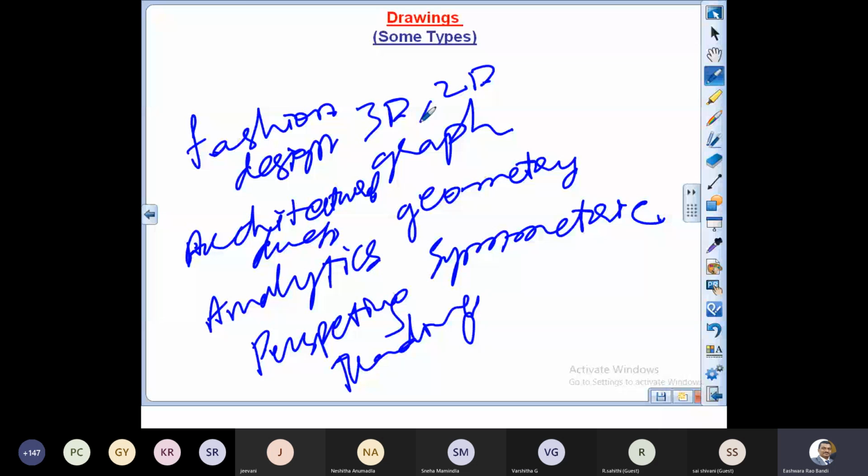Sir, illustration drawing. Illustration. Okay. Right. Here we have 11 types.